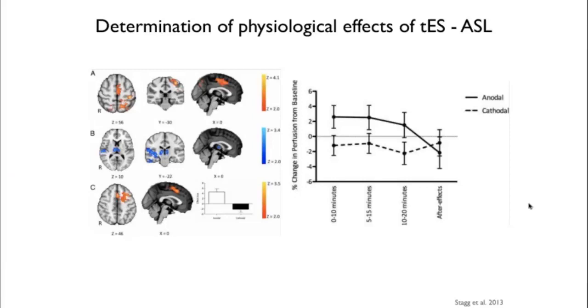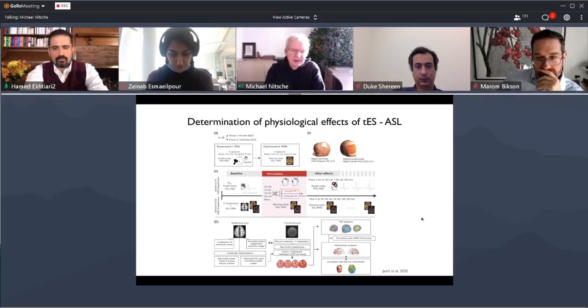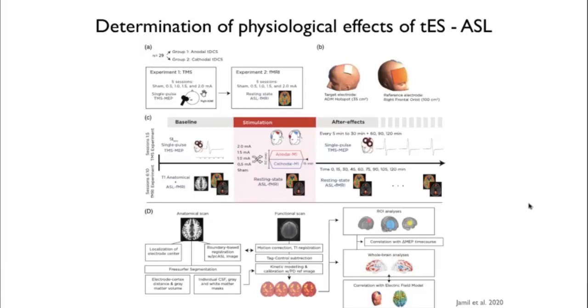And next slide, please. In our group, Asif Jamil conducted a study some years ago when we were still all in Göttingen, where he had a group of subjects who underwent different physiological measures with tDCS under resting conditions. We did an EEG study, we did MEPs, and we did also ASL measures, all in the same group of subjects.